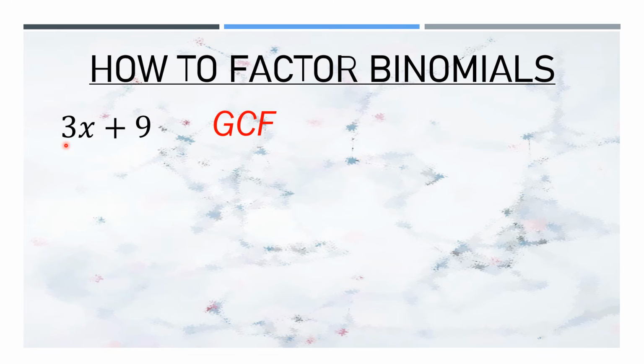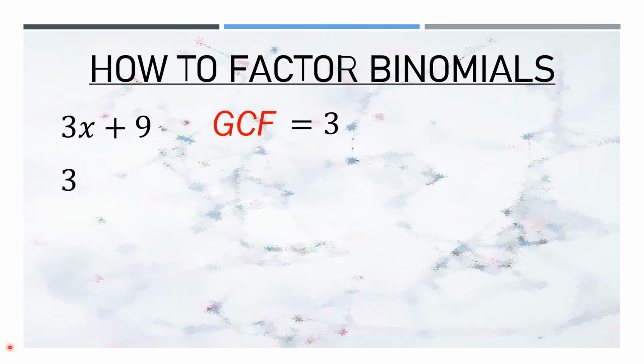But as you can see, dito sa 3x, meron siyang variable na x, while sa 9, wala tayong nakikitang variable na x. So, as you remember, the common factor of 3x plus 9 is 3. Again, hindi tayo maglalagay ng variable x dito dahil ang 9 po ay walang variable x. So, the GCF of 3x plus 9 is 3.